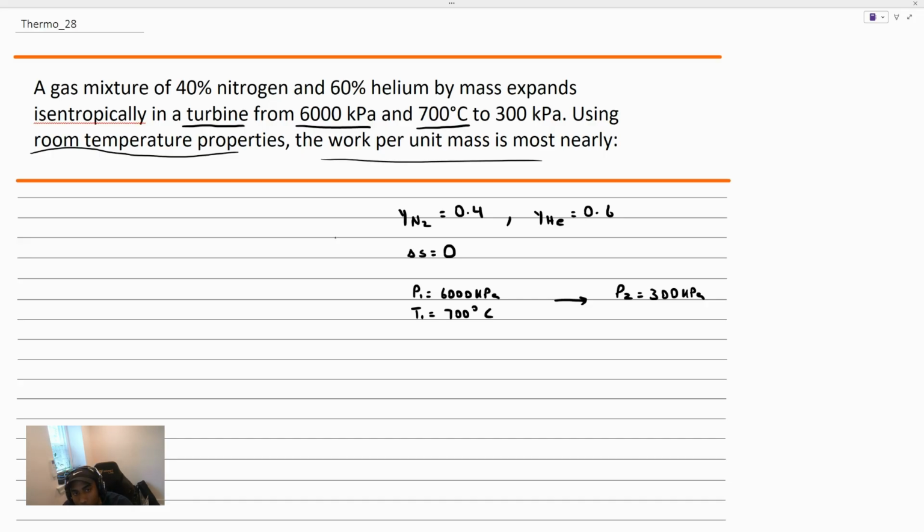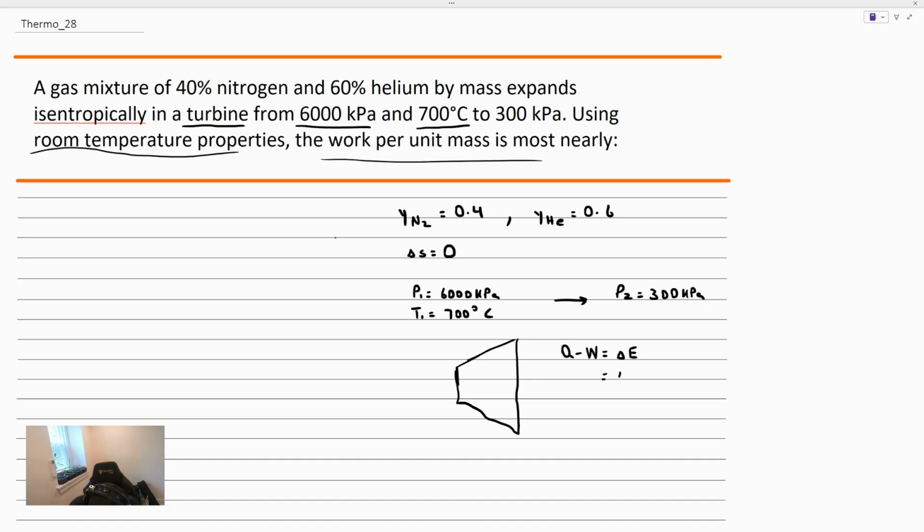Now, what we usually want to do when we're looking for work or heat transfer is use the first law of thermodynamics. We're looking at a turbine in this case. And in a turbine, there's mass moving into and out of the system. What that means is we have an open system, and generally, the first law of thermodynamics states that the heat transfer minus the work is equal to the change in the energy of the system.